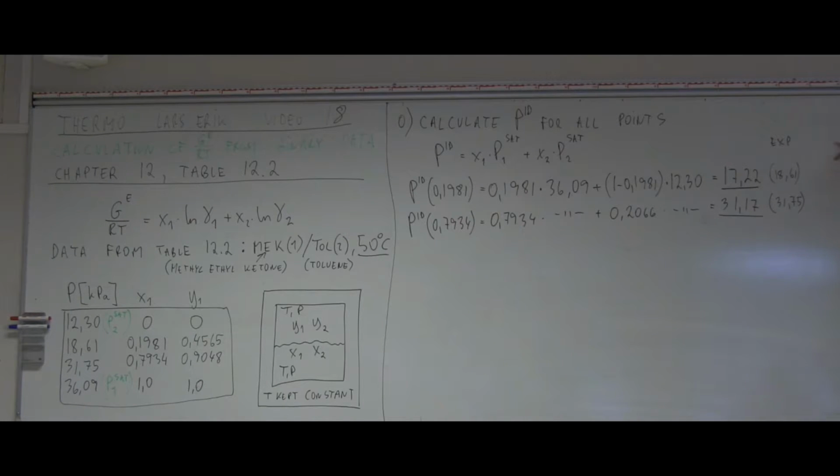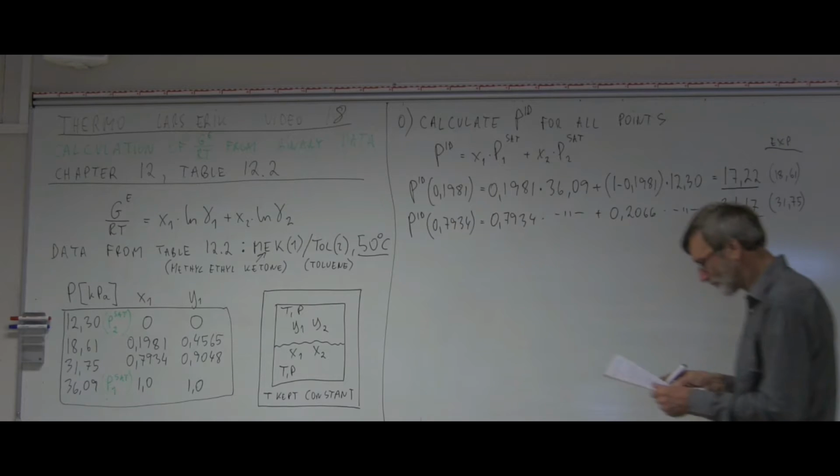So then we get the impression that these measured pressures are close to ideal pressures, but not exactly equal to them. So this is a close to ideal liquid, but it is not an ideal liquid.